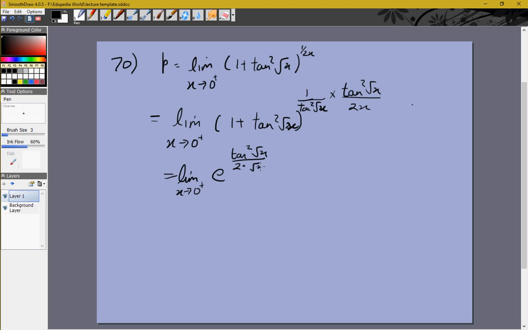Now we can write this as root x whole squared, and we know as x goes to 0, tan y by y is 1, so this term becomes 1, and what we are left with is e to the power 1 by 2, which means that ln p is equal to 1 by 2, which means the answer is option 3.